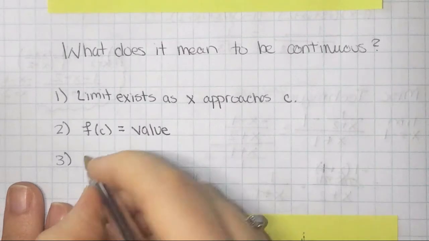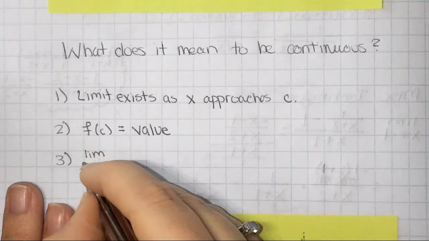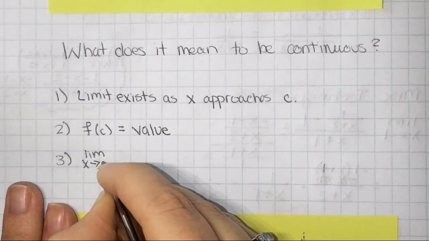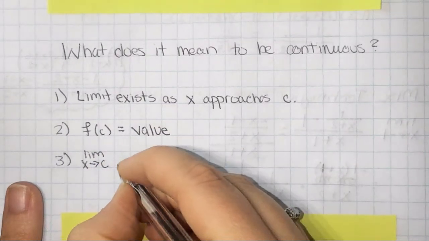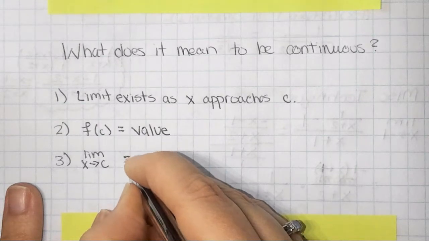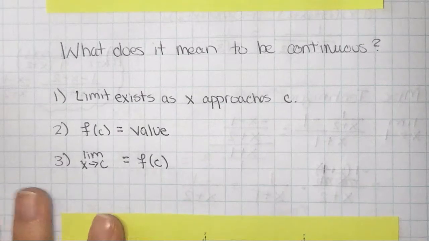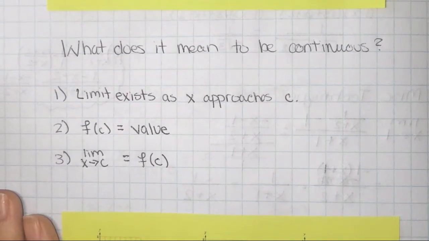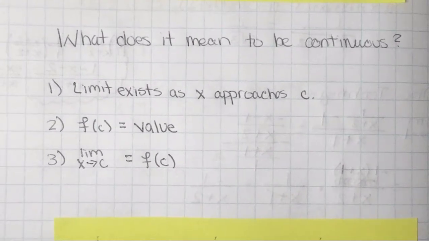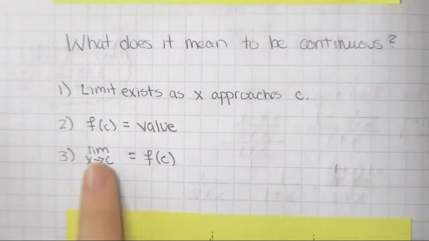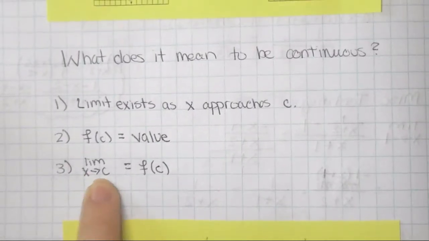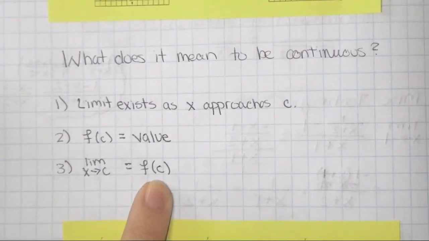The limit as x approaches c of some function needs to also equal f of c. Okay, think about what I just said there. The limit as it approaches c has to equal the value of when you plug c in. That is continuous.